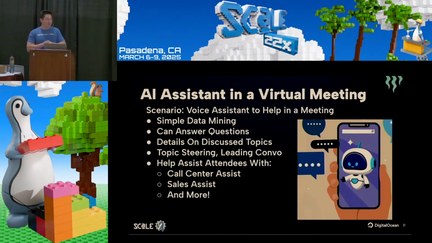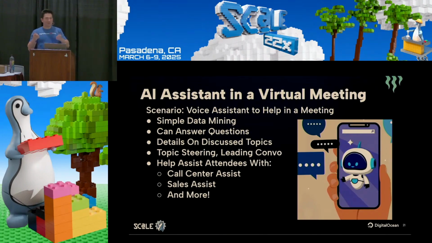A lot of companies do this for call center assist and sales assist. They mine the conversations that are happening, and when something interesting comes up, it will prompt the salesperson or the call center person with information on how to help that particular user on the other end, or, if it's a sales call, something to build rapport.